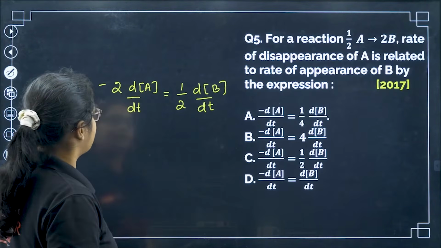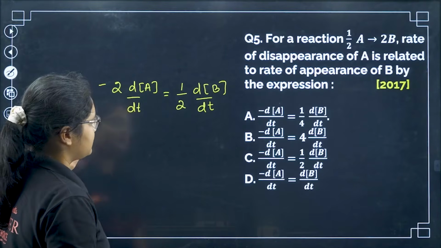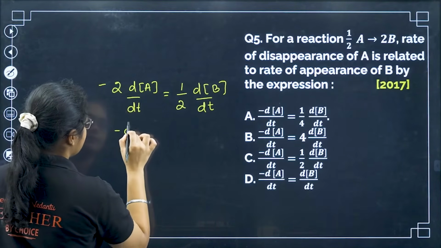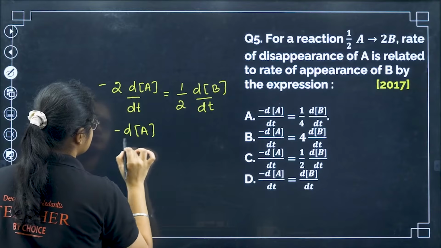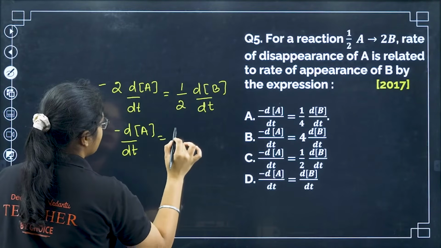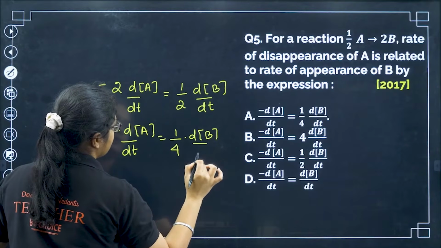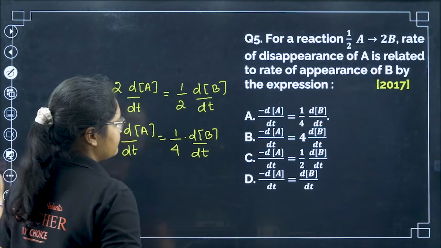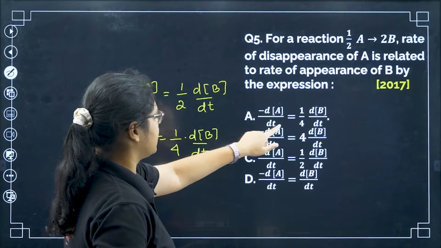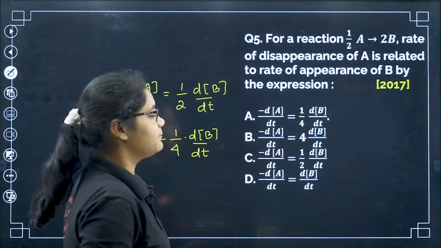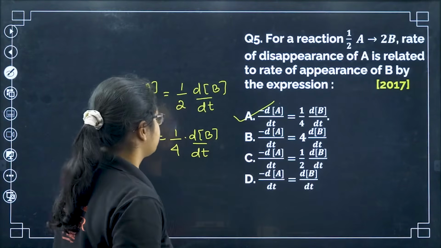Okay, so how can I write this one? This can be written minus dA by dt is equal to 1 by 4 of dB by dt. Okay, so that will give me minus dA by dt is equal to 1 by 4 of dB by dt, which is option number A.